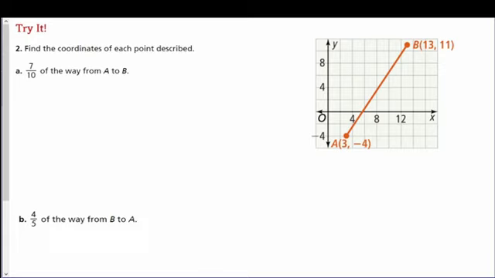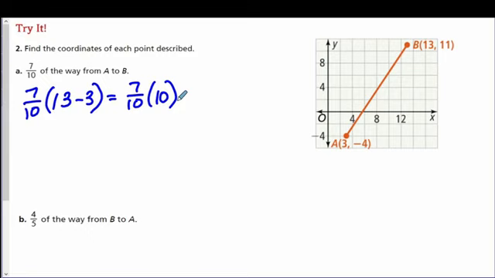All right, so to find 7/10 of the way from A to B, again, I'm going to find 7/10 of the horizontal distance, which would be 7/10 of x2 minus x1. So again, that's 13 minus 3, which is 7/10 of 10, which is 7 units.